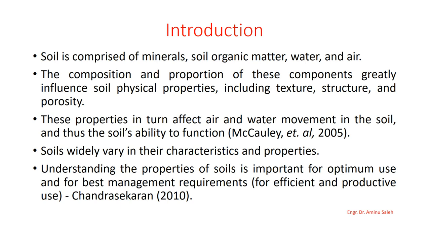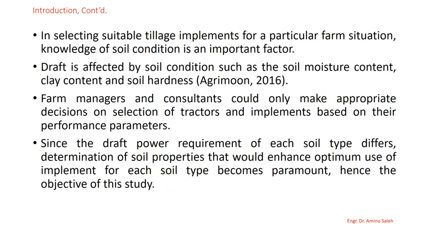Now, you can see that soil has different types, and by this type of soil we have different characteristics and properties. Therefore, in order to make optimal use and best management practices in agriculture, understanding of these properties becomes essential.